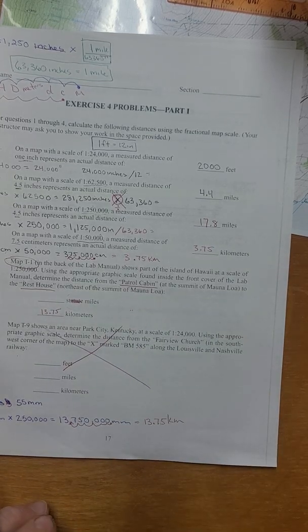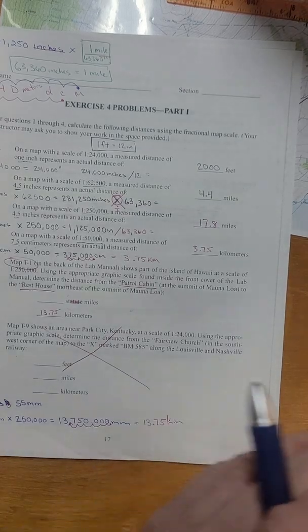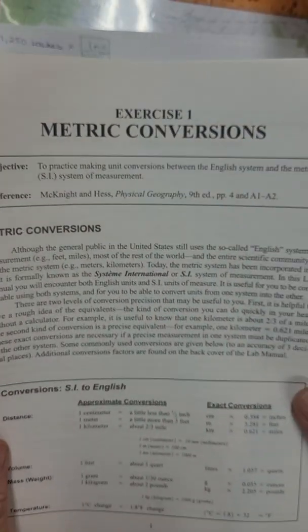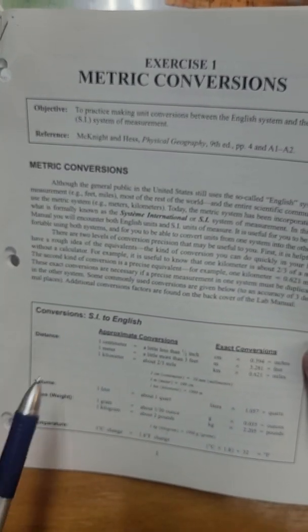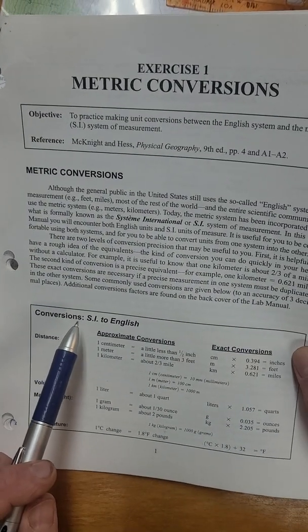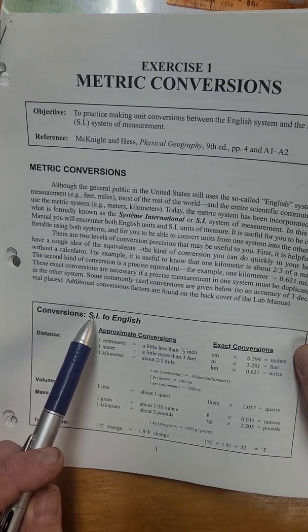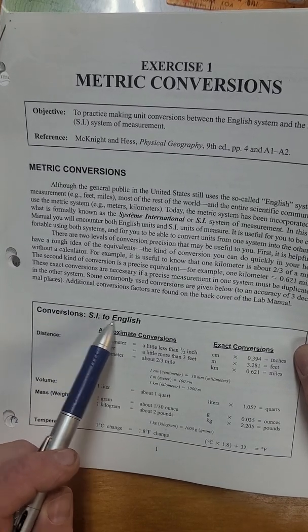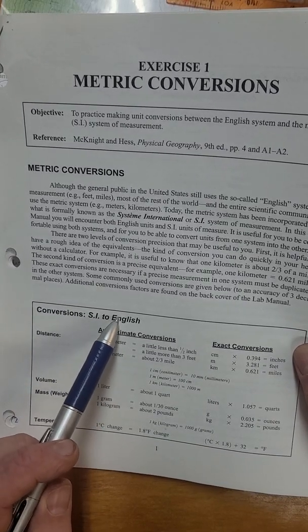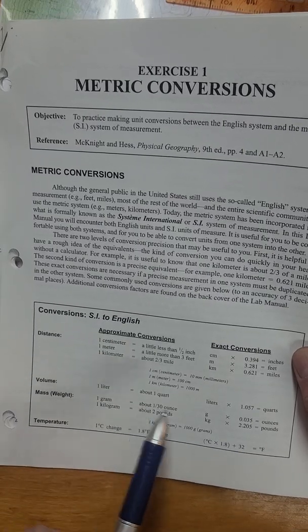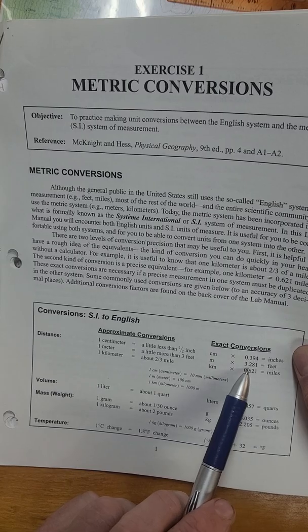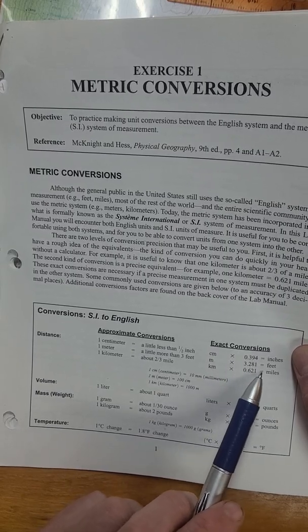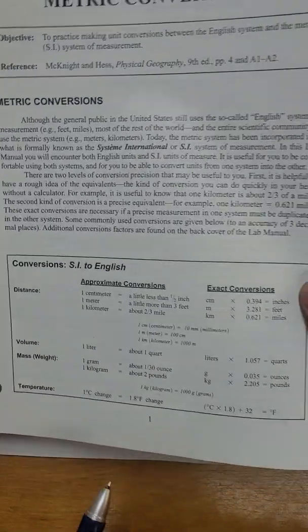How are you going to remember to do that? Well, I cheated, kind of. And I went to this. And we're going from metric, or international system, to English, or imperial system. We have kilometers, and we want to get to miles. There's our multiplication factor. Okay?